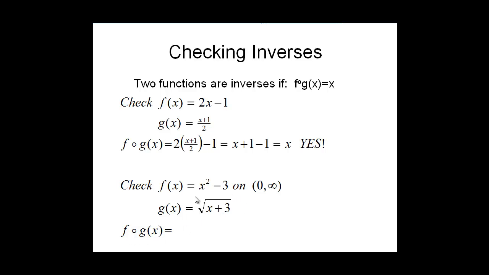If we take our g function, the square root of x plus 3, and put it in for our x, you get the square root of x plus 3, this function plugged in right there, squared, minus 3. Now your square and your square root cancel each other out, so you have x plus 3 minus 3, which makes x. So because of this restriction, which gave us a g function which did work, those are indeed inverses.